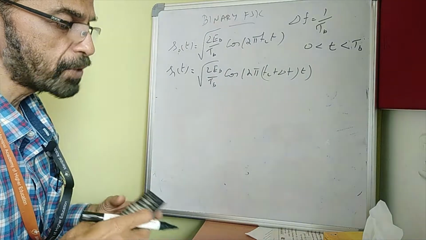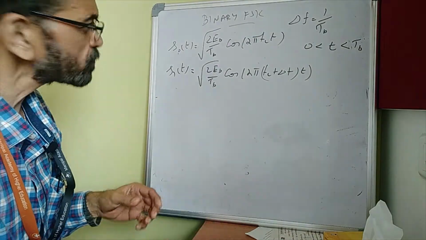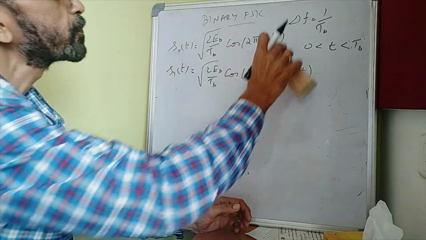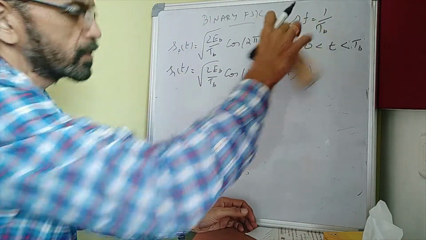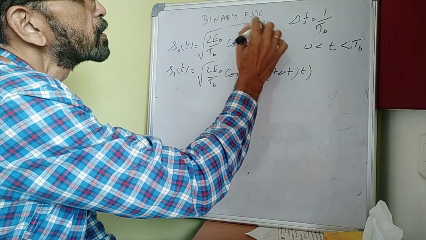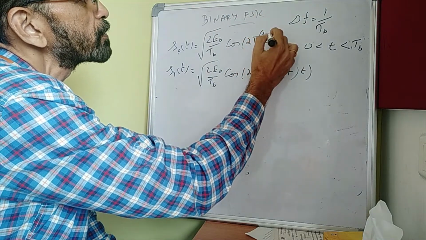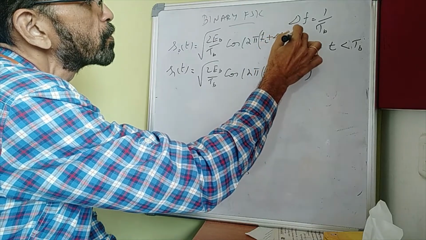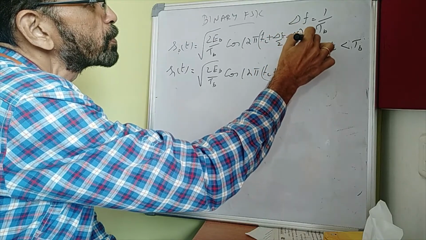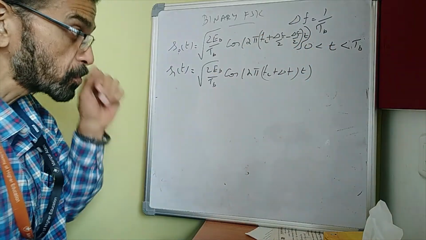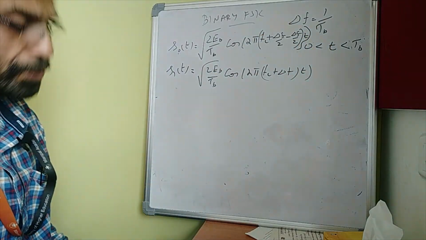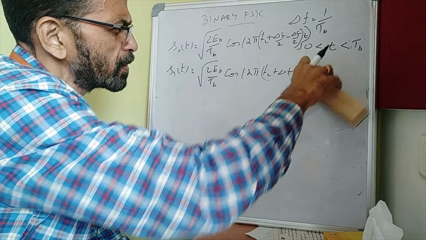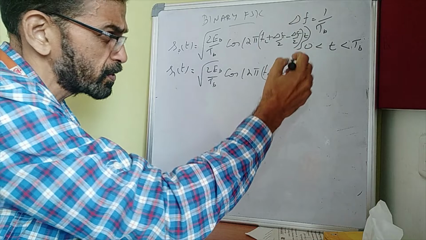Now what we see is this can be expressed as 2 pi fc plus delta f by 2 minus delta f by 2. It may look like a useless exercise, but it's going to help us a lot when we proceed with the derivation of the power spectrum as well as the bandwidth efficiency.